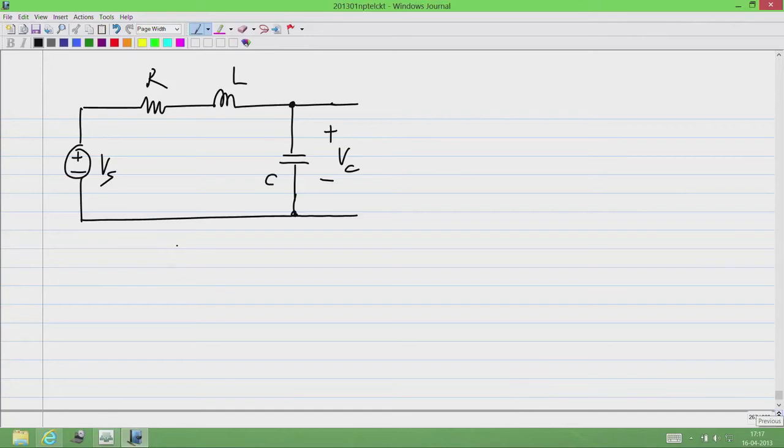So, if the capacitor voltage Vc is the variable, we know that all these three components are in series. So, there is a certain current that is flowing through the loop. What will be I of t in terms of the capacitor voltage Vc? Please give me the answer. What is I of t in terms of the capacitor voltage Vc?